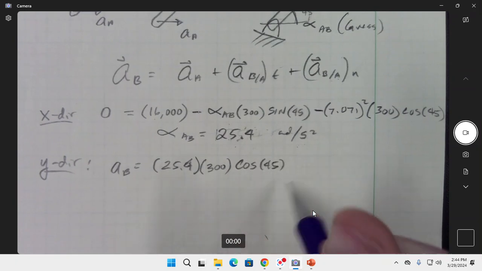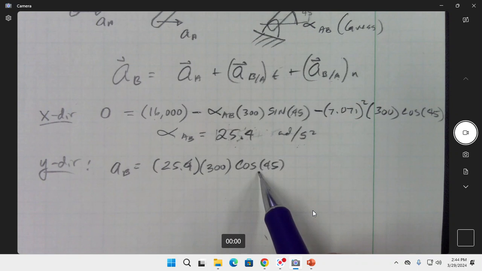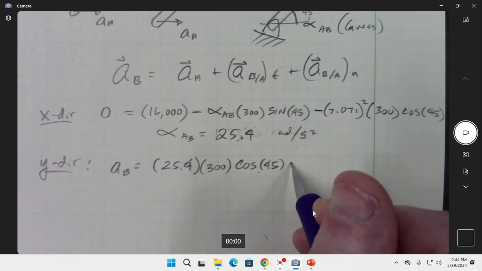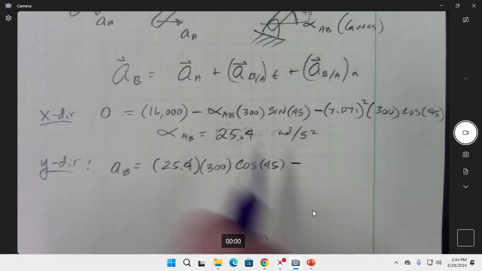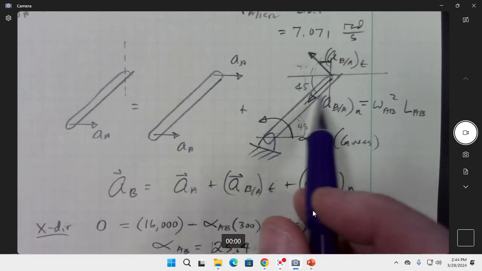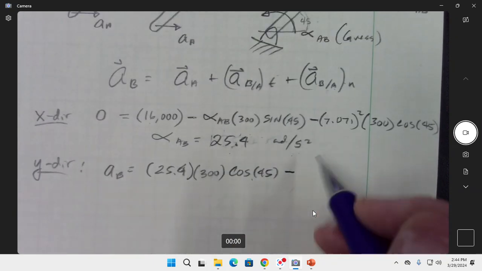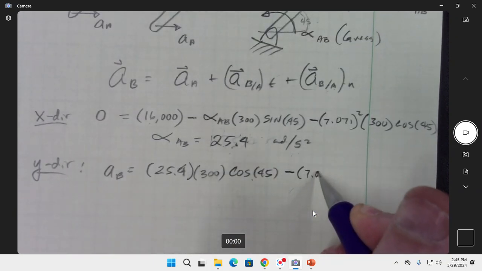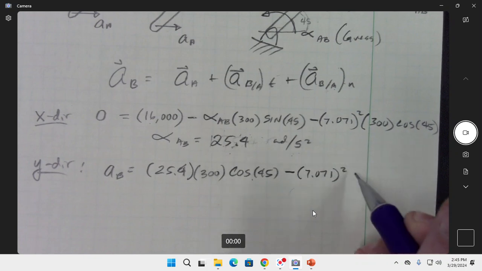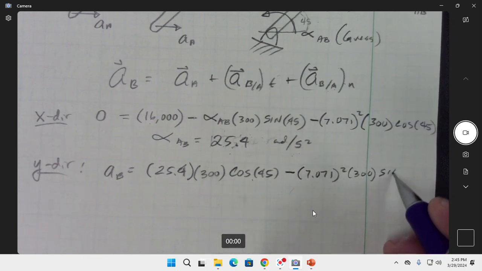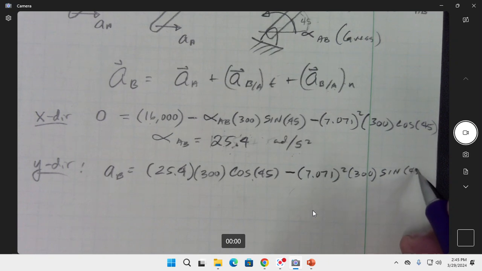It's very common that if that one's sine, this one's cosine, and vice versa. And this guy is going downwards in the normal direction, so it's negative. And still 7.071 squared, 300, and sine of 45.